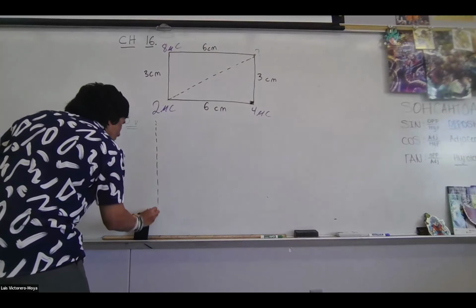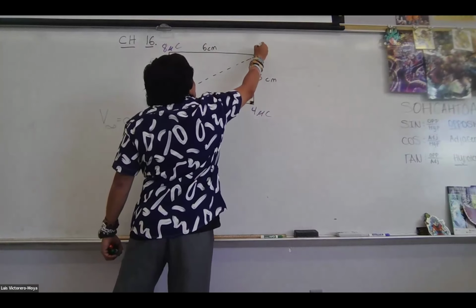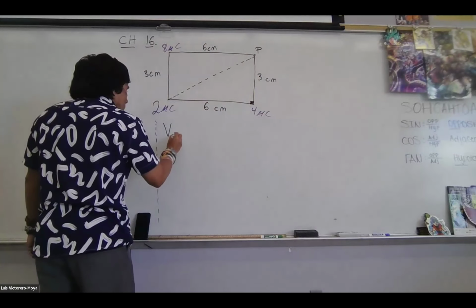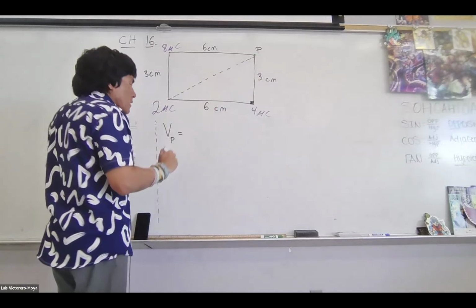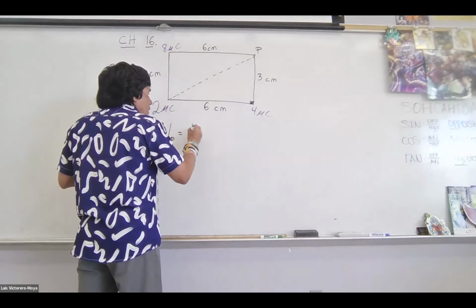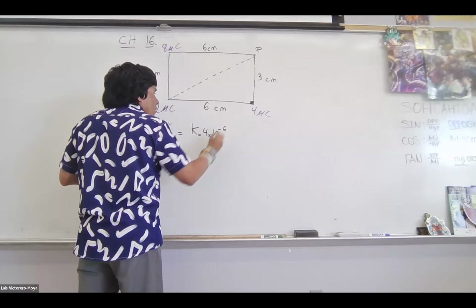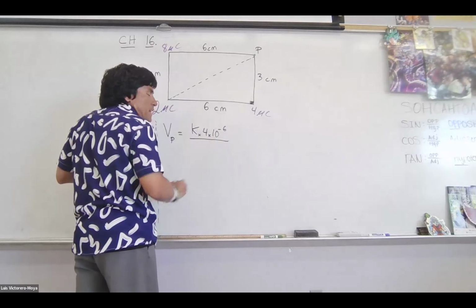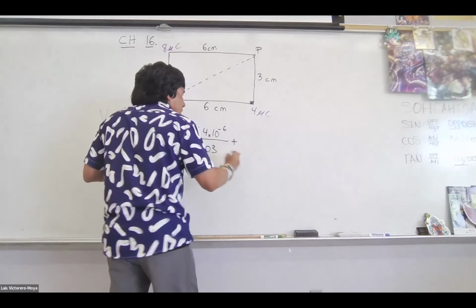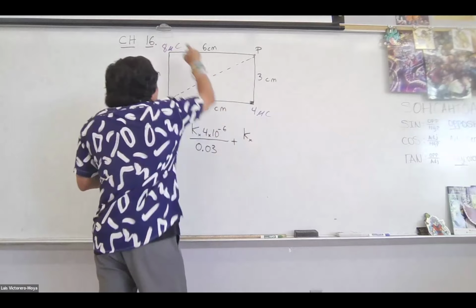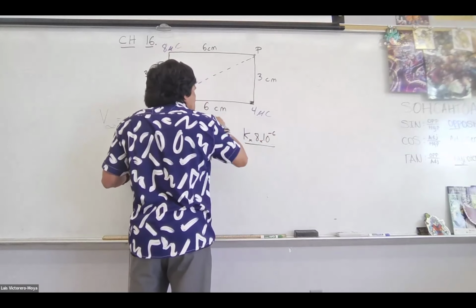So the thing about electric potential, let's call it this point P, is that you can do an algebraic sum. It's just a sum. K, let's start with this, 4 microcoulombs divided by 3 centimeters, 0.03, plus K, Coulomb constant, 8 microcoulombs divided by 6 centimeters.